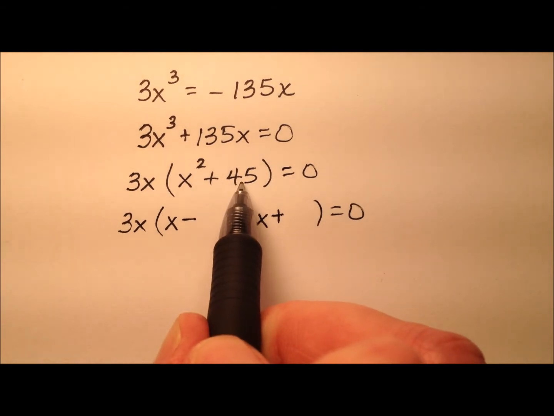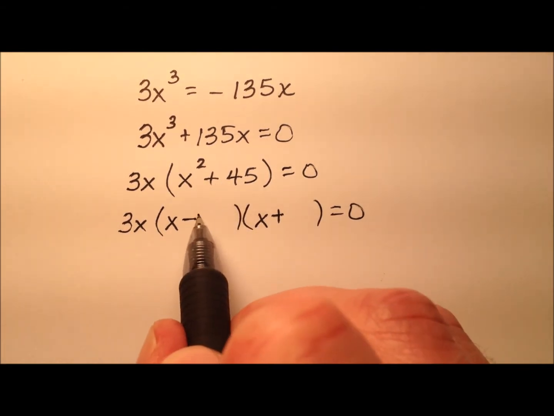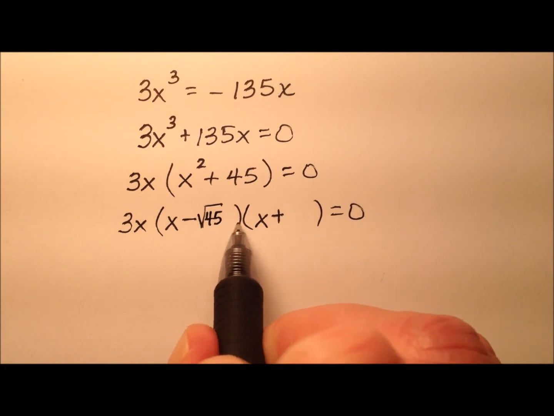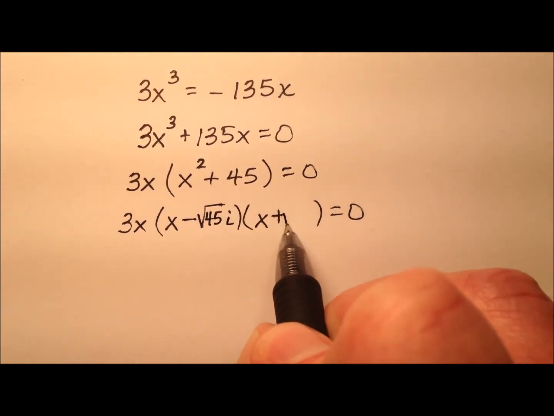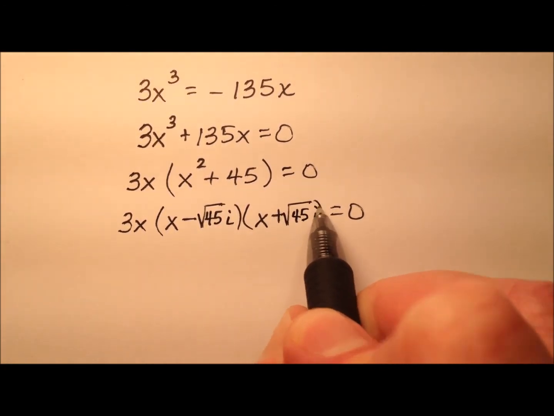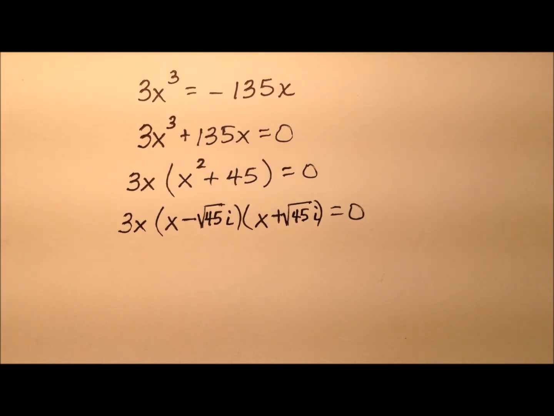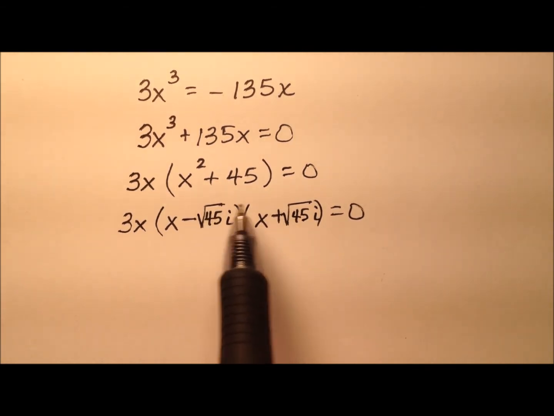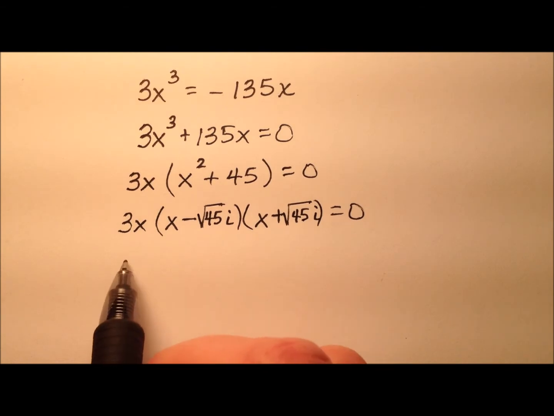And then the square root of 45, well, 45 is not a perfect square, so I'll put square root of 45 with my i, square root of 45 with my i. Well, what I can do next is go ahead and simplify the square root of 45.